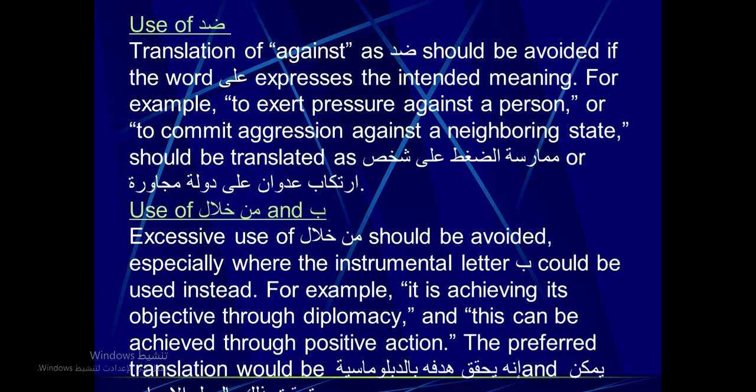Again, because the words الضغط and عدوان already express the intended meaning, there is no need to translate it as against. You can say الضغط على أو عدوان على.